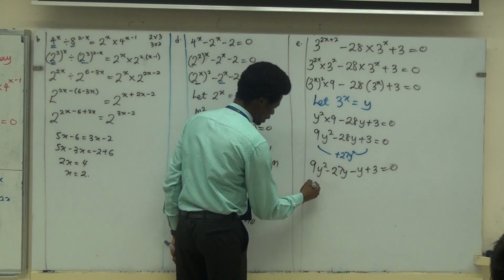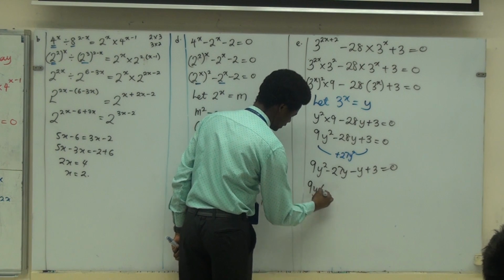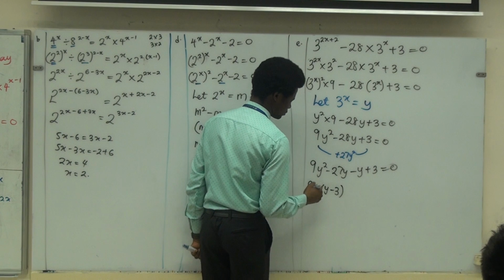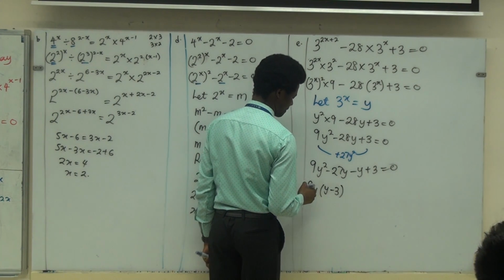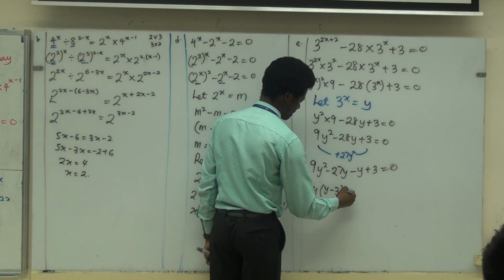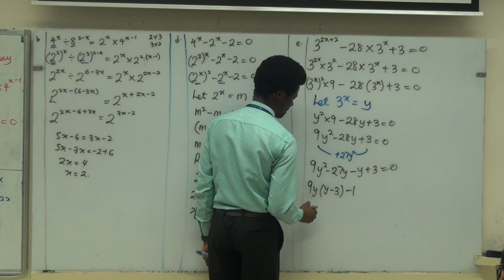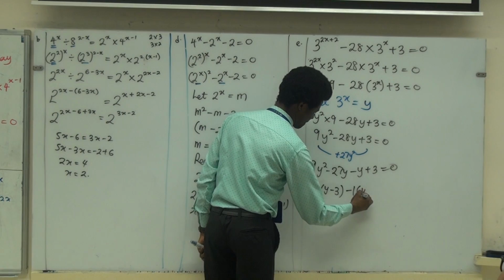Okay, 9y, bracket y minus 3, and minus 1, bracket y minus 3.